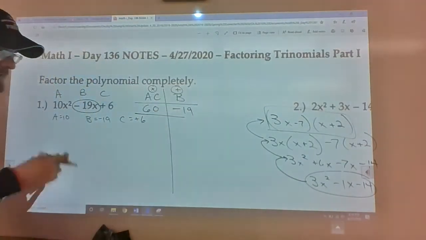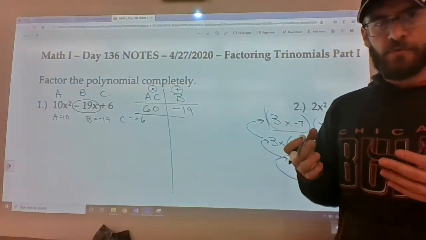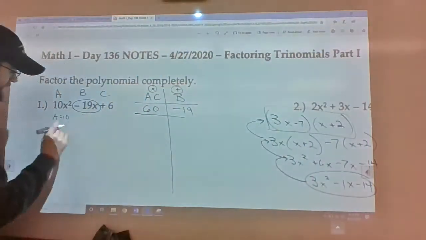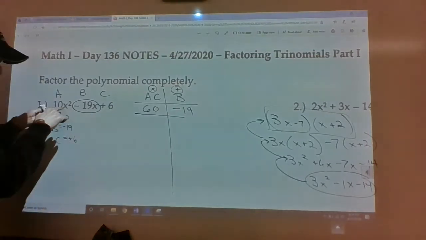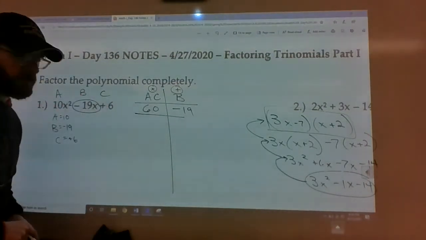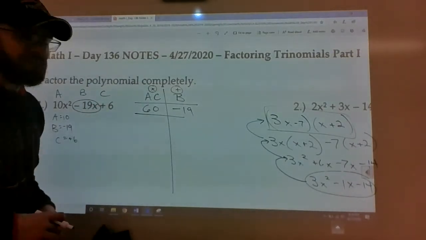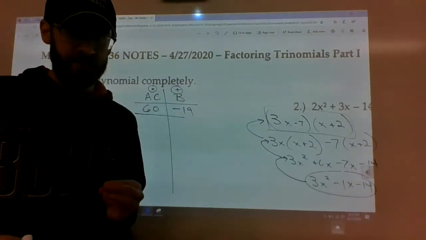All right? So this can be very confusing to start off the bat. Let me just reassert this. We're using the numbers from the polynomial to create this chart. And when I say finding the factors of 60, it's the same thing as day 127.